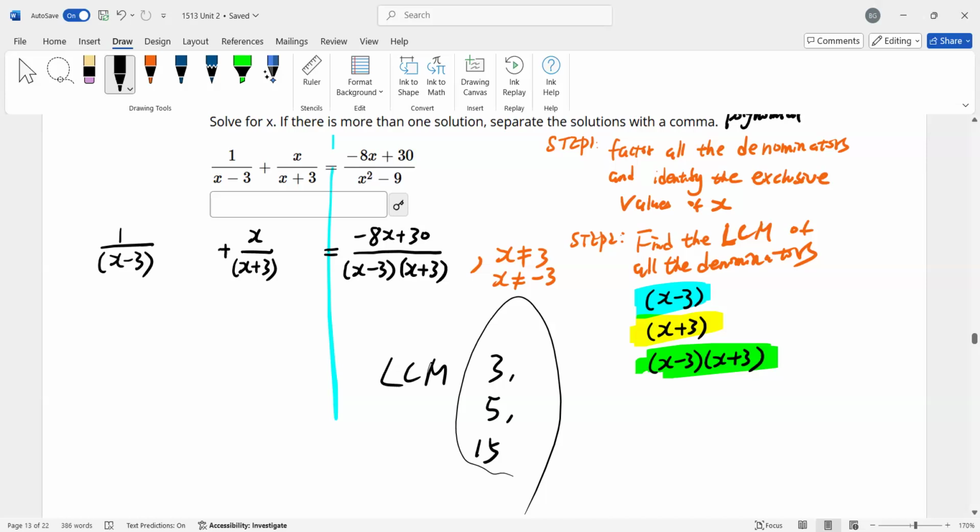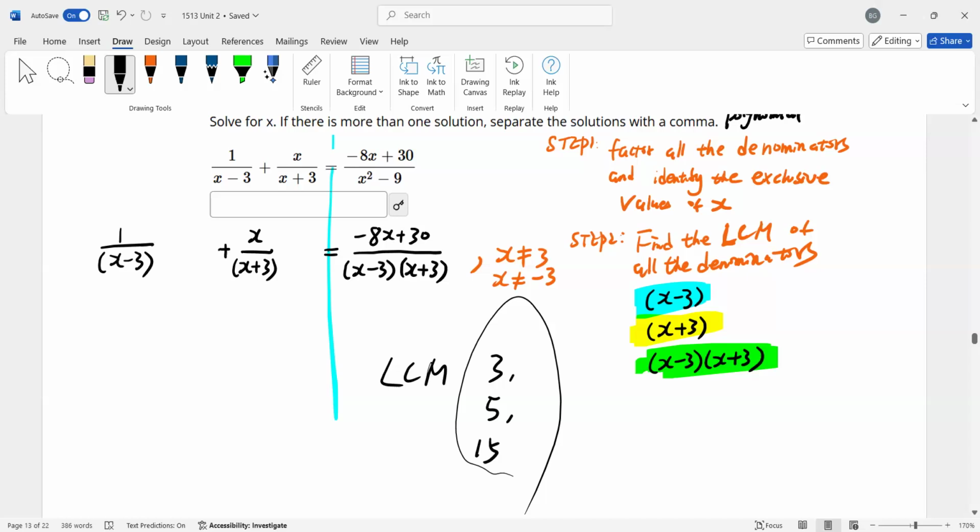Same idea here. Do you see blue multiplied by yellow is green? So green is a multiple of blue. Green is a multiple of yellow.